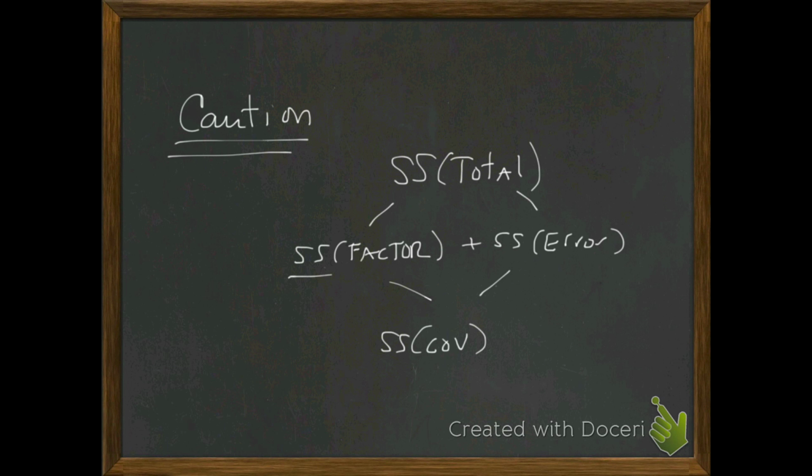In other words, the sum of squares for the factor didn't remain stable. It was affected by the sum of squares for the covariate. Then you've got a situation where the ANCOVA design is not appropriate. And you never know when that happens. Well, actually, you do know because you check for it.